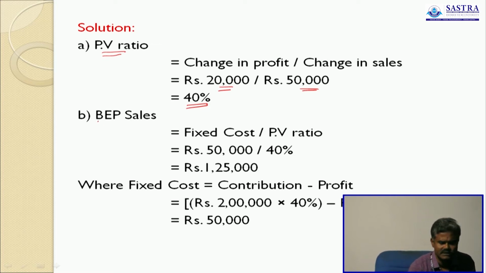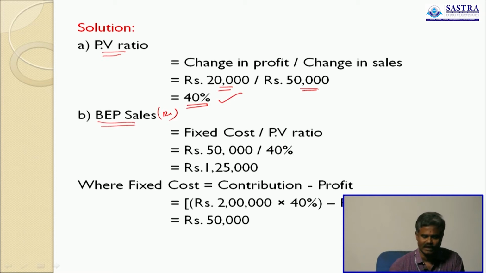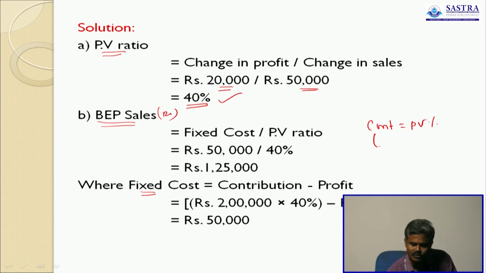Then second question is PV ratio in terms of rupees. Fixed cost is given, we calculate first, then PV ratio already we calculated. So, how can we calculate fixed cost? Fixed cost is contribution minus profit. Here contribution is in terms of rupees, PV ratio in terms of percentage. This is the major difference.